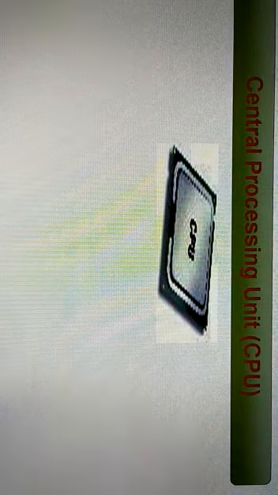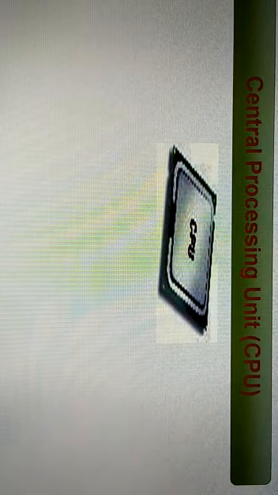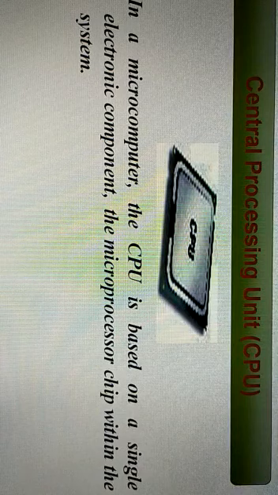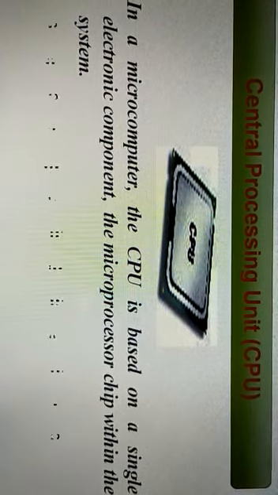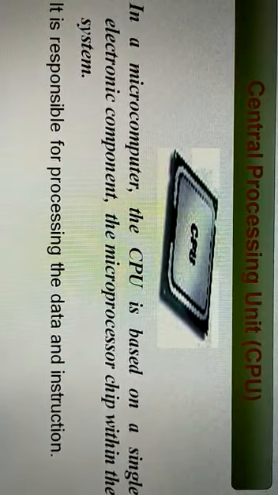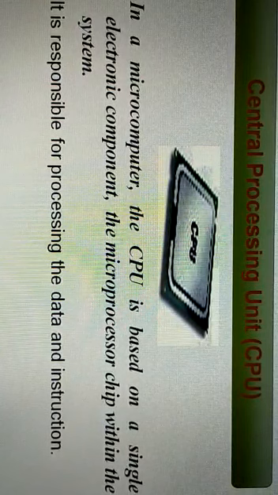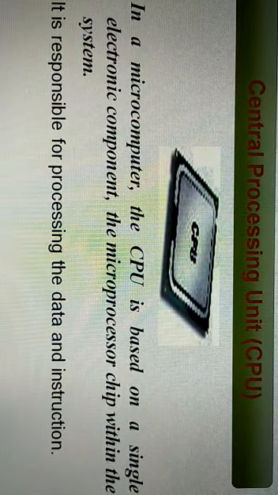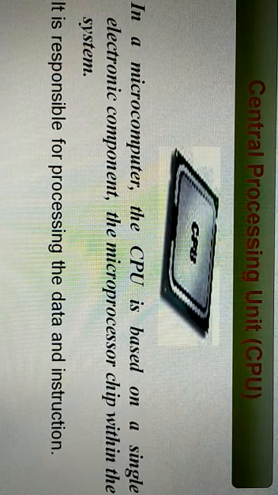Now take a look at the figure of the CPU. This is called a microprocessor chip, and this unit is responsible for all the data processing tasks performed by the computer system.